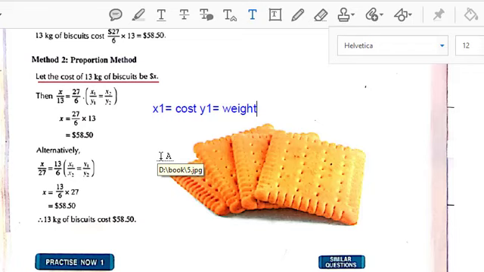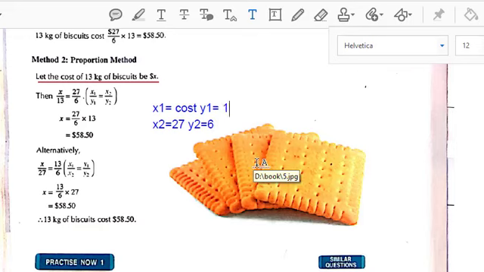So x1 indicates cost, y1 indicates weight. And for the second term, x2 is also indicating the cost and y2 is indicating the weight. Sorry, this is 6 kg, and you have to find the cost for 13 kg. So instead of weight you can use 13 here.